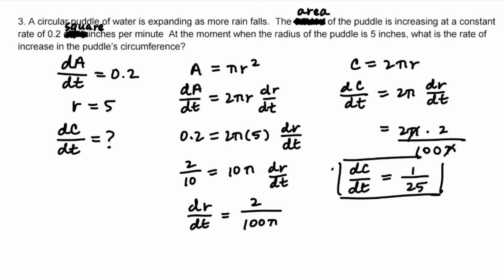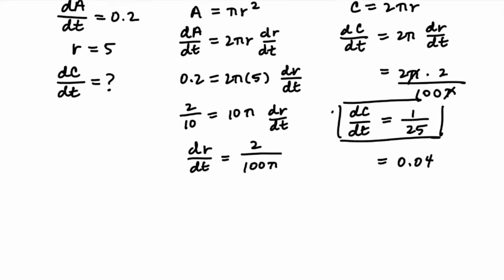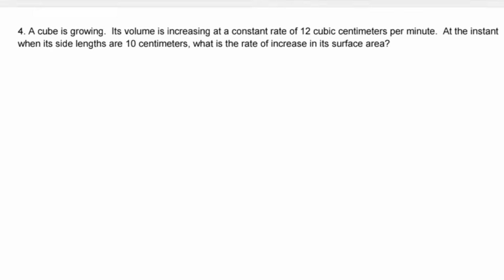Okay, and if they gave it to us as a decimal, we might be wise to give it back to them as a decimal, 0.04. Okay, but that's not mandatory at all. 1 over 25 is a perfectly fine answer.